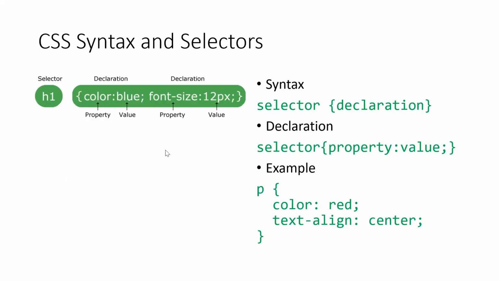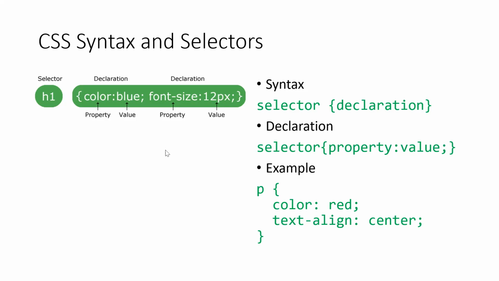Now, the first thing that we discussed last time is CSS syntax and selectors. A selector means a particular HTML tag, it could be, or some kind of ID or class. And within that, we will have declarations.